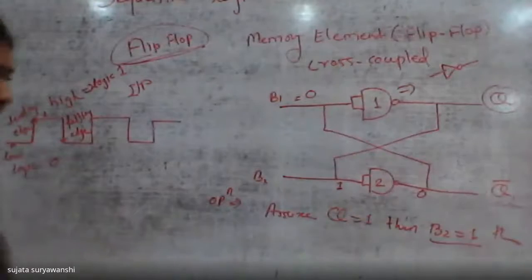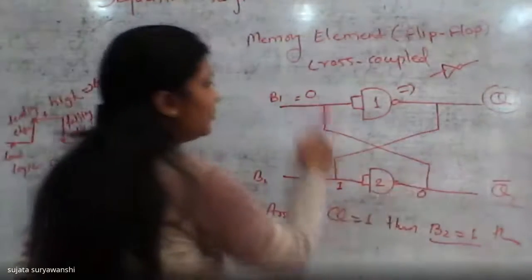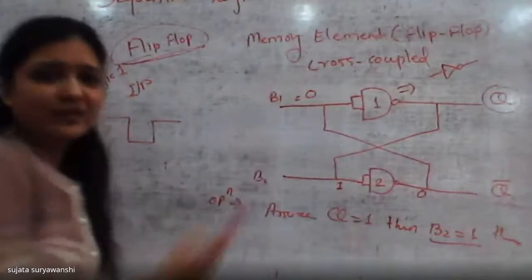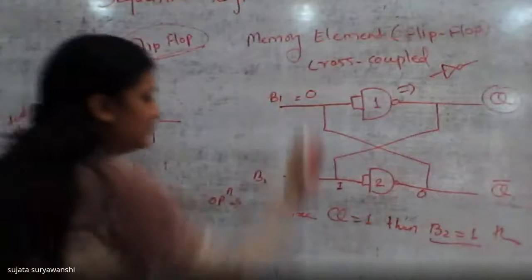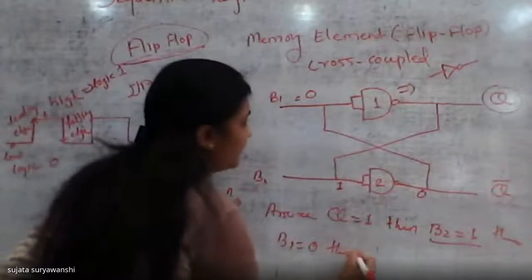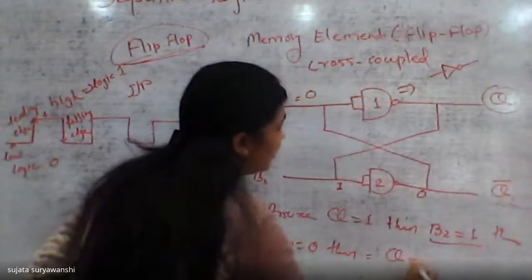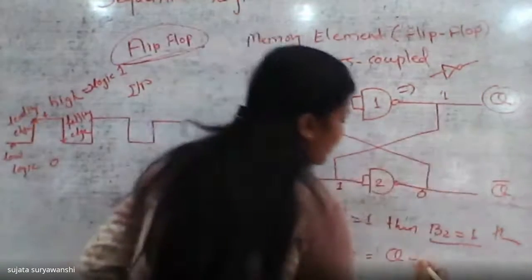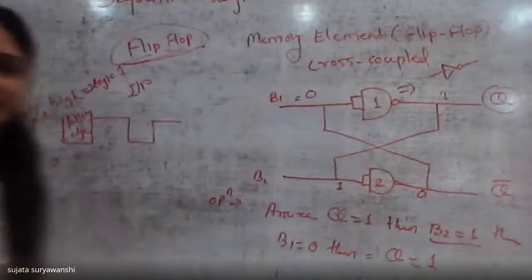This Q complement is connected to the input of the first NAND gate, that's why V1 is equal to 0. Then Q becomes 1.